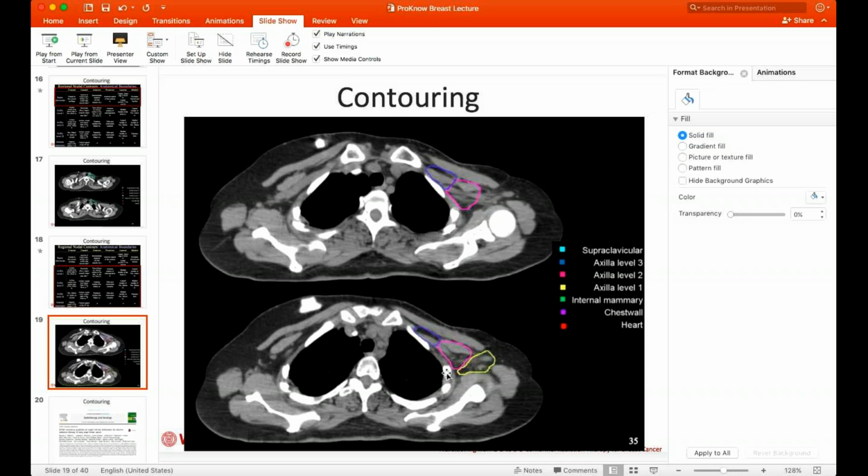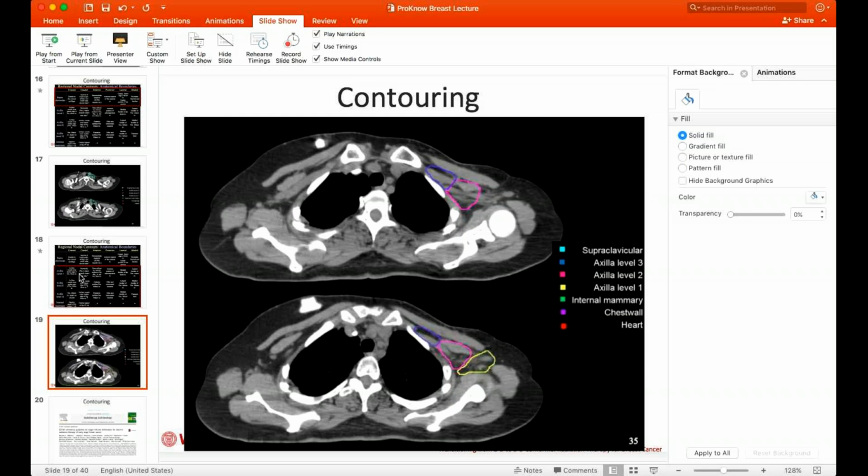And so what you want to do is draw out the axillary level 3 until the axillary vessel crosses the medial edge of the pectoralis minor. So once you start seeing this region essentially be all gray without a vessel running through it, you should stop your axillary level 3 contour.